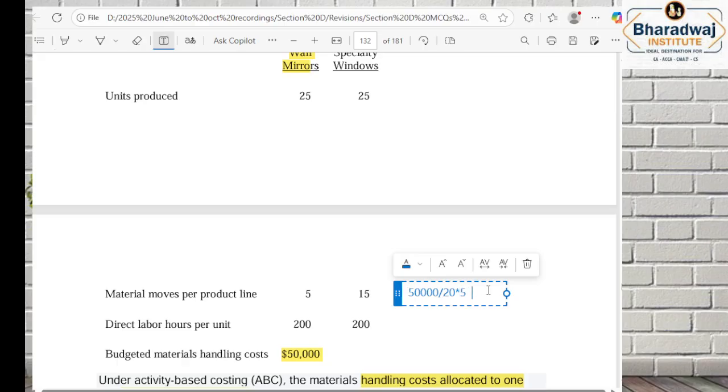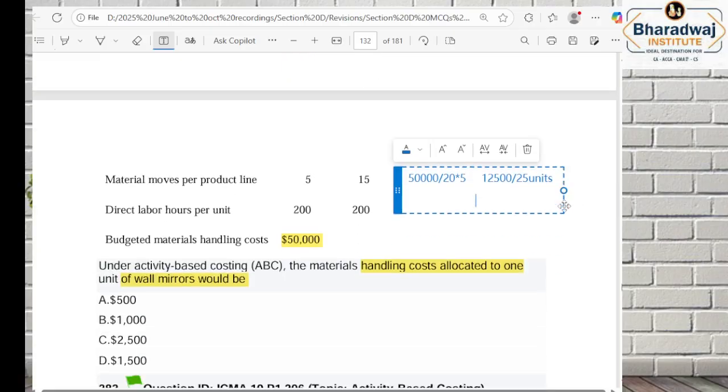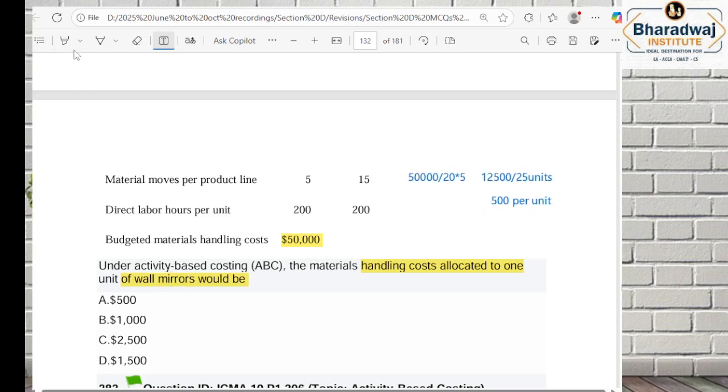How much do you get? 12,500 per unit they ask for, so divided by 25 units. What is the answer? 500 per unit for wall mirrors. They ask you for wall mirrors 500 per unit.